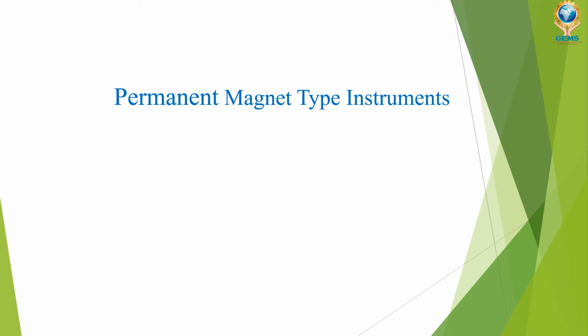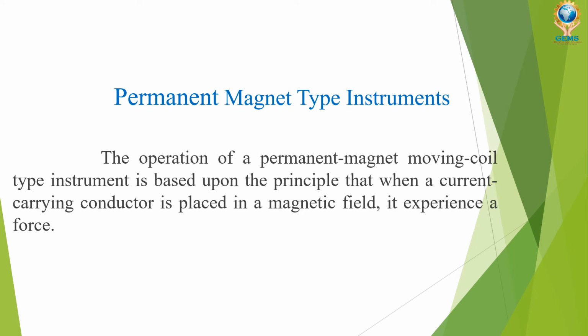Permanent magnet type instrument. The operation of a permanent magnet moving coil type instrument is based upon the principle that when a current carrying conductor is placed in a magnetic field, it experiences a force.